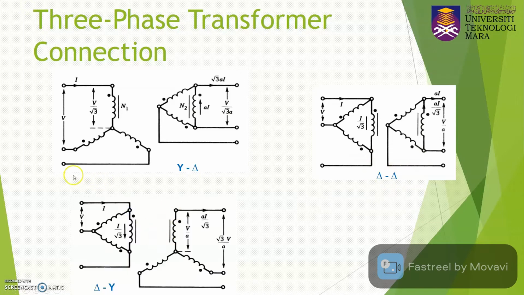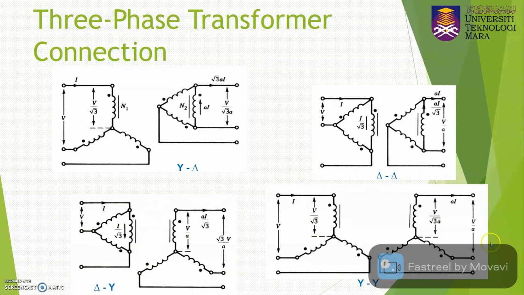Okay. This is an example of the topology of a delta Y connection, with a delta connection at the primary side and a Y connection at the secondary side. And this is the last topology of the three-phase transformer connection, the YY connection, with Y connection at the primary side and Y connection at the secondary side.